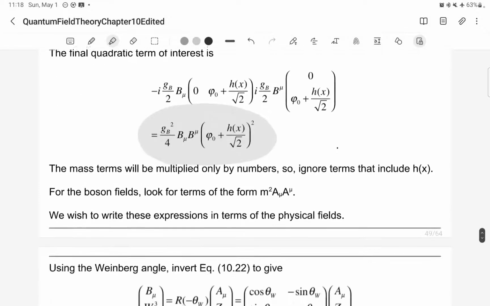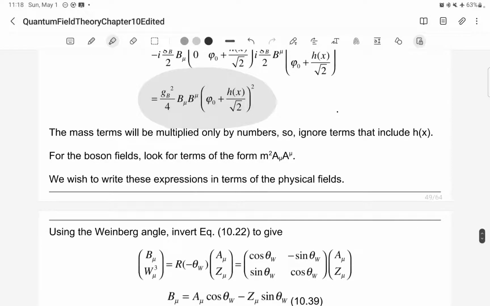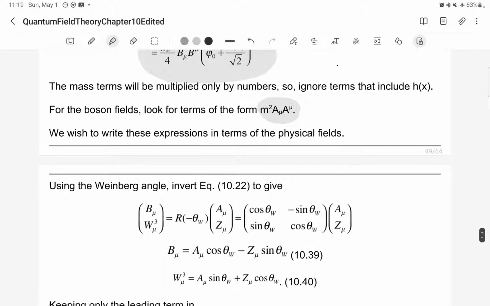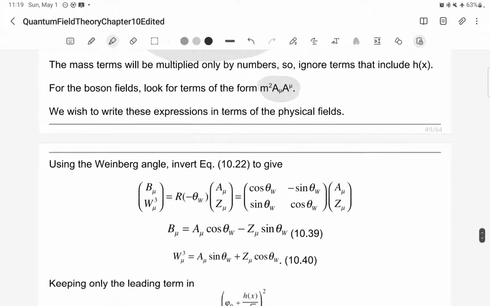So for boson fields, we look for the terms here, and if we use the Weinberg angle, we convert B mu with this and our W mu 3 with this one.